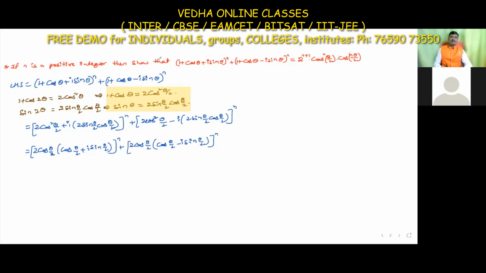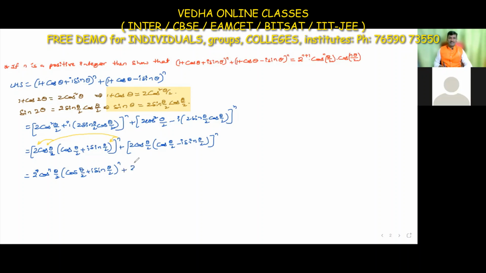Now we can separate the power for the different terms. So this is equal to 2 power n and cos power n theta by 2, and (cos theta by 2 plus i sin theta by 2) whole power n.